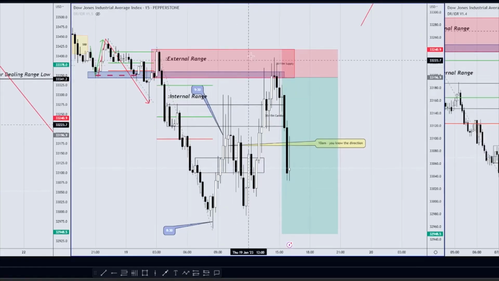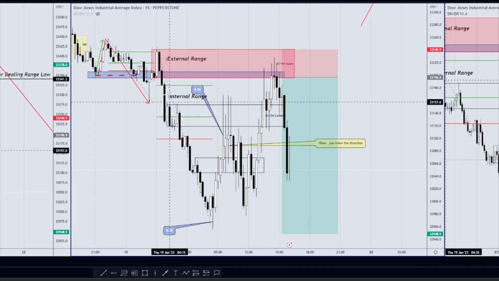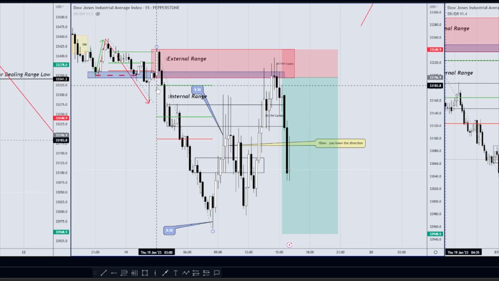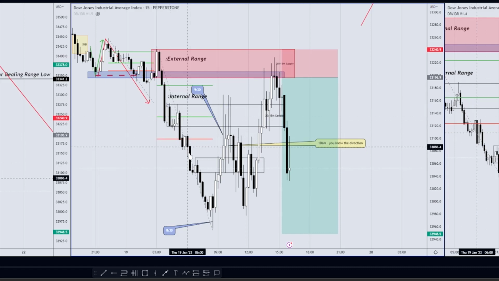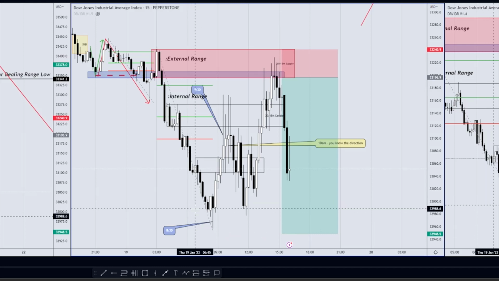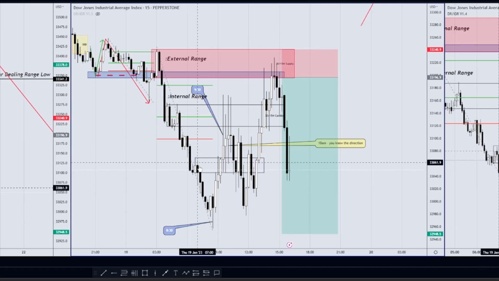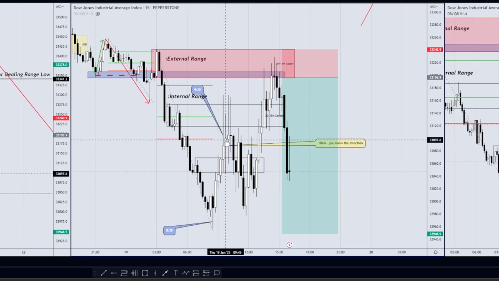So this whole area here around the external range became an area of supply, and you can see from these big candles here that we've got an imbalance of sellers, definitely. As we come into 8:30, we hit a bottom, and we had a pin bar, a bullish pin bar. So there was a drop base rally. It formed a break of structure just by here.